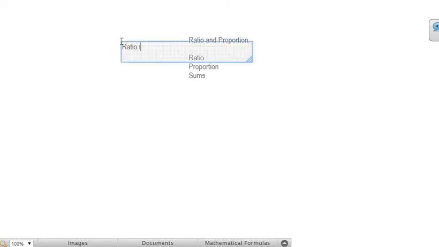Okay, so firstly let's tell what is ratio. A ratio is two numbers written in the form of A is to B, where A and B are in the simplest form.